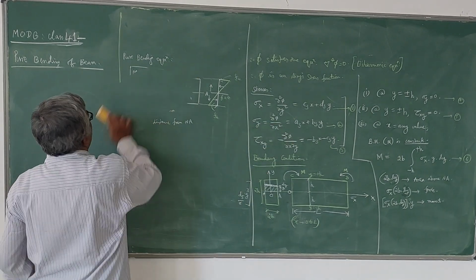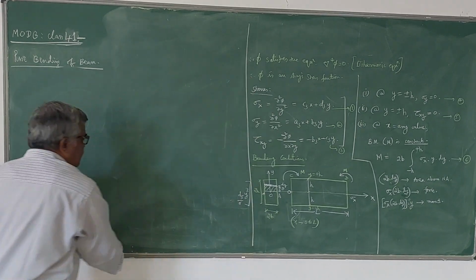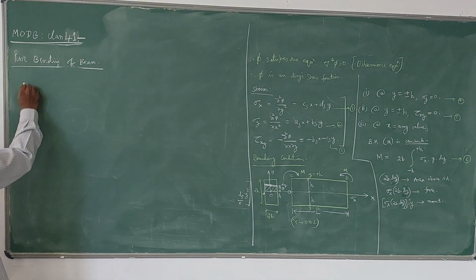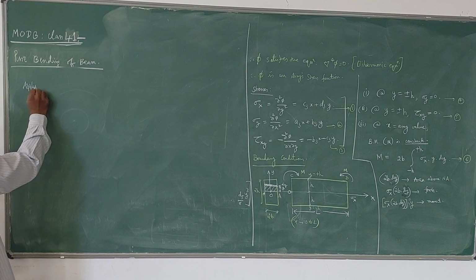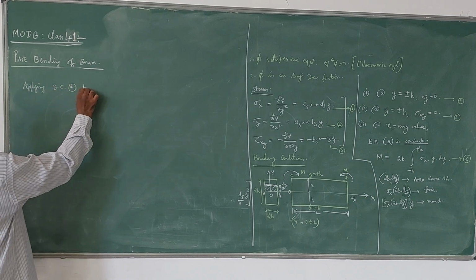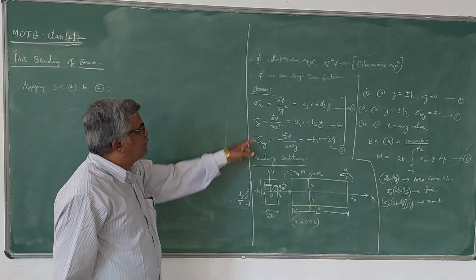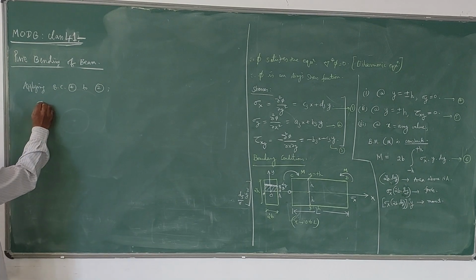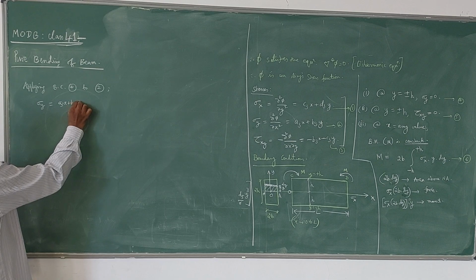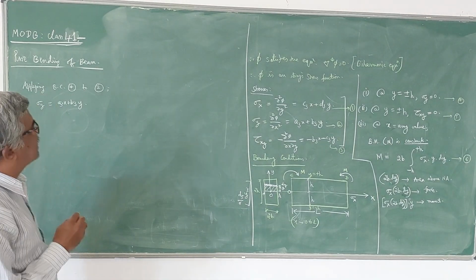By using 2 and 4, let us see what happens. We will substitute the values now. So applying boundary condition 4 to the second equation, we will write that first: sigma y is equal to a3x plus b3y. We have to take y as plus or minus h.